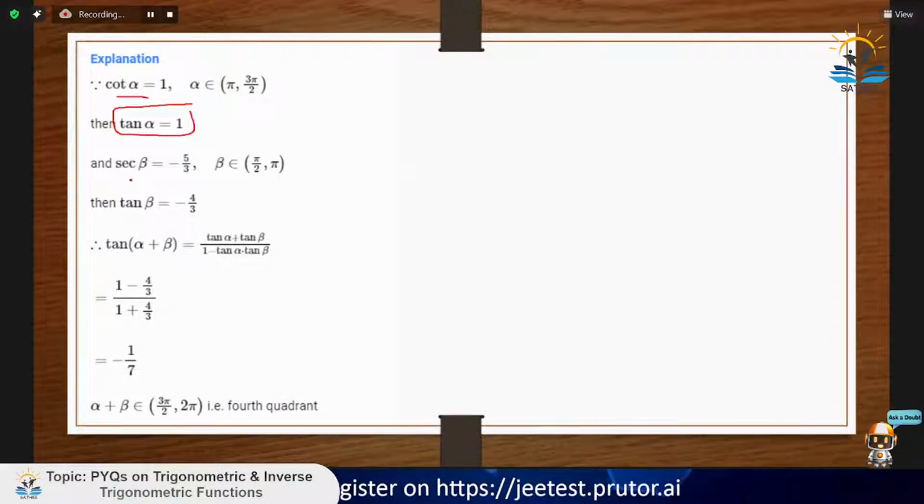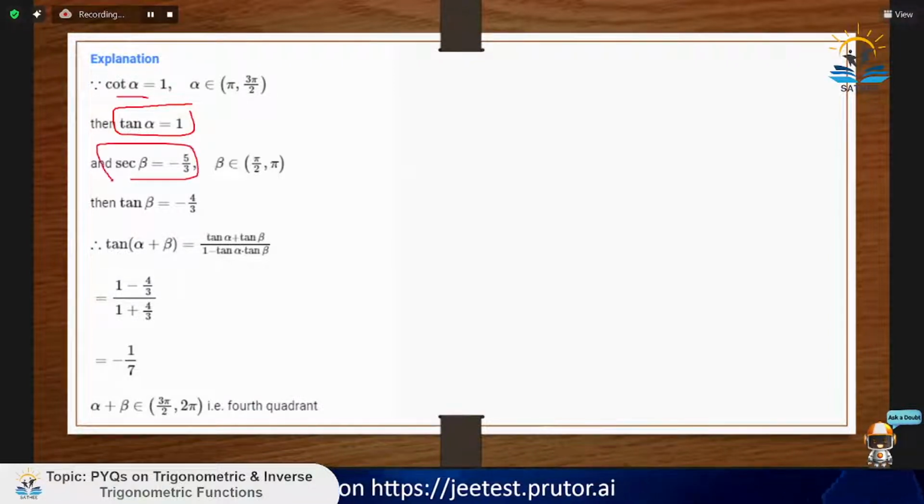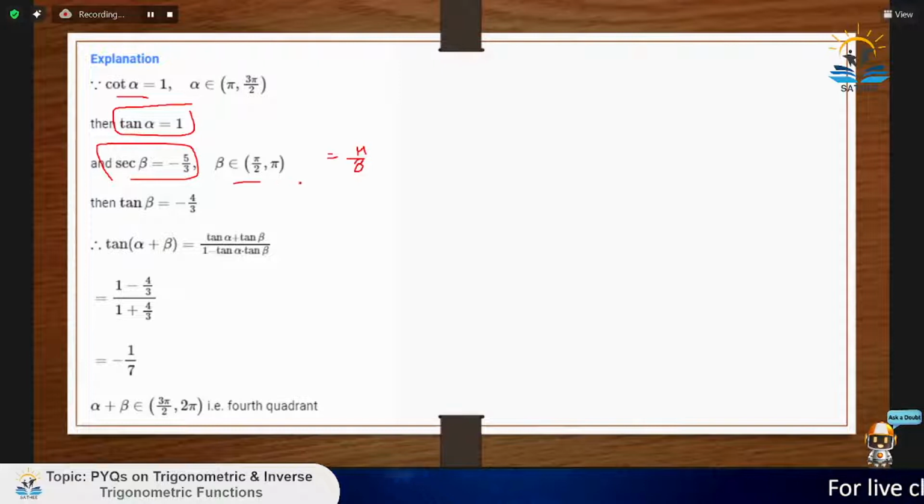Similarly, sec beta is given as -5/3, and they are saying that beta lies between pi/2 and pi. I know that sec is h upon b and tan is p by b, so I can find p.